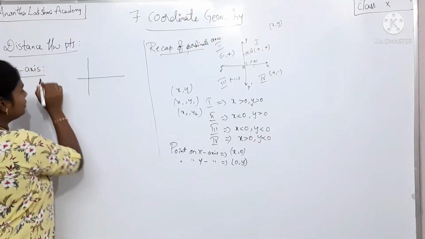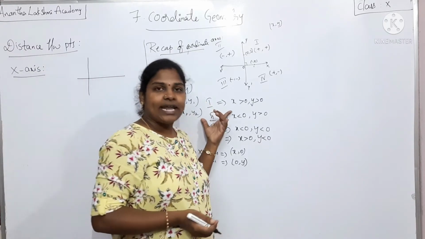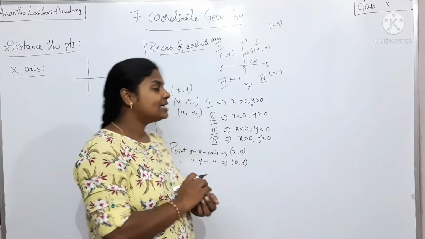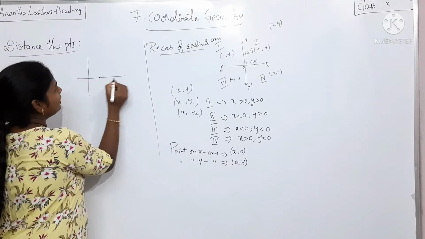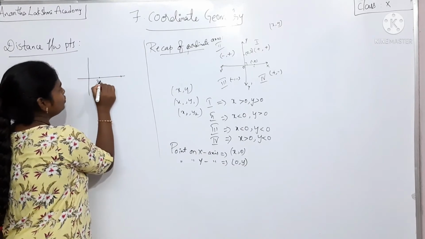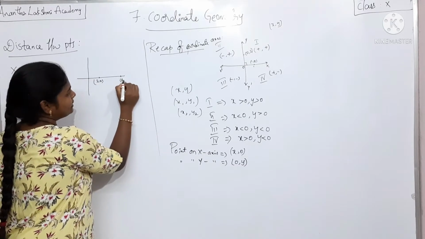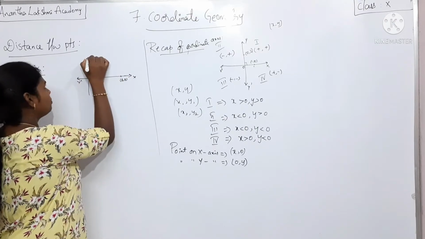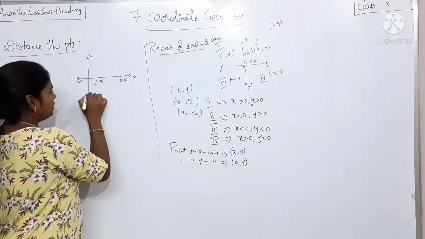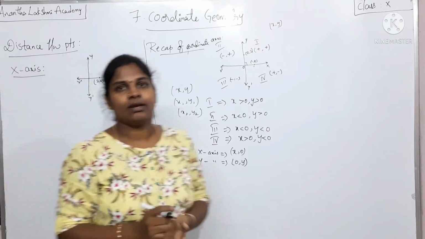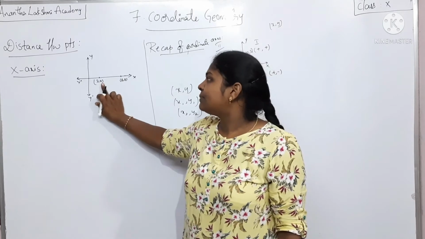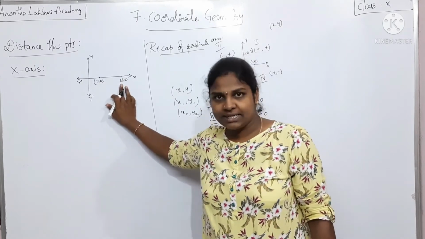As I told you, point on x-axis means, let me say this is 2 comma 0 and this is 6 comma 0. x, x dash, y, y dash. Now, we have 2 points on x-axis, 2, 0 and 6, 0.